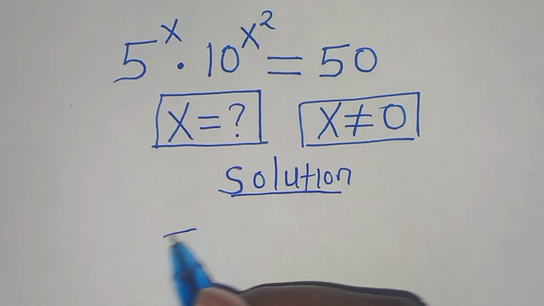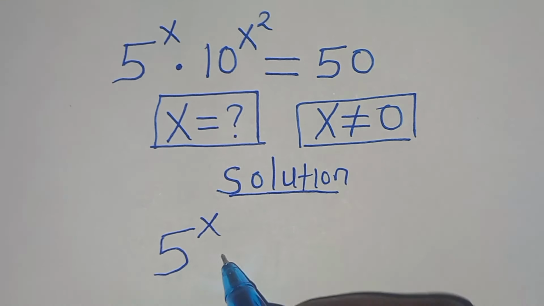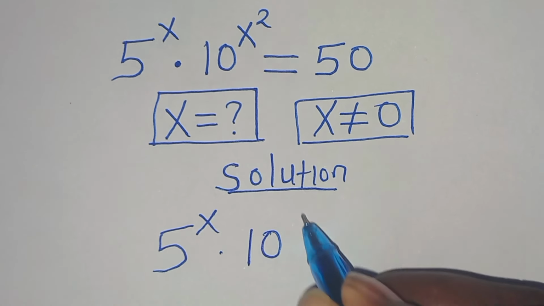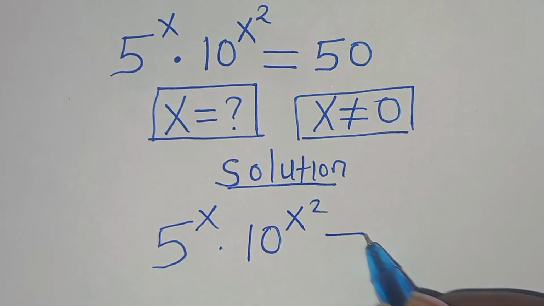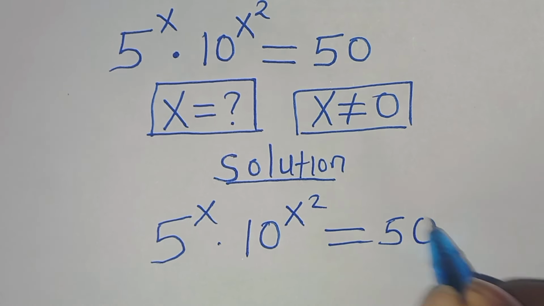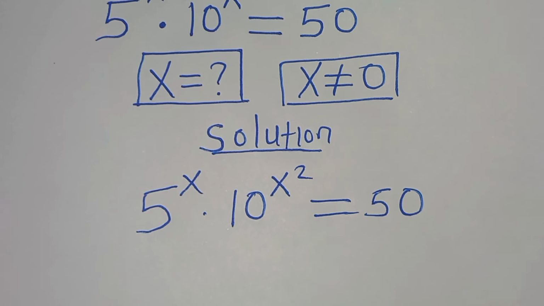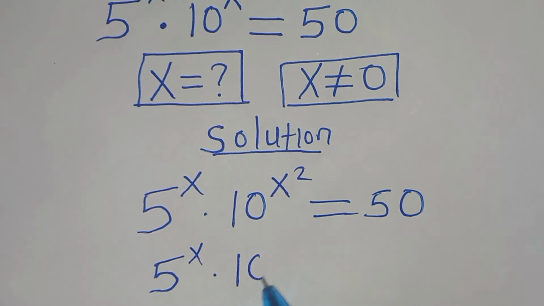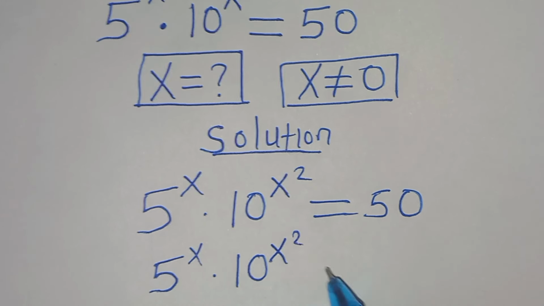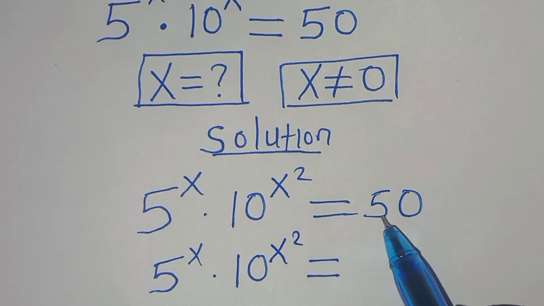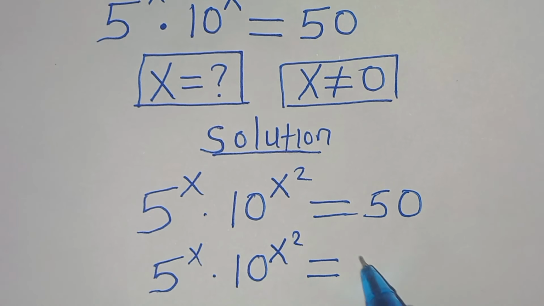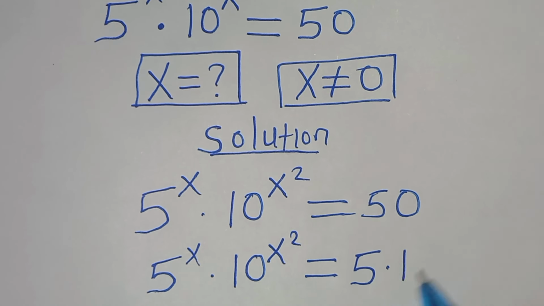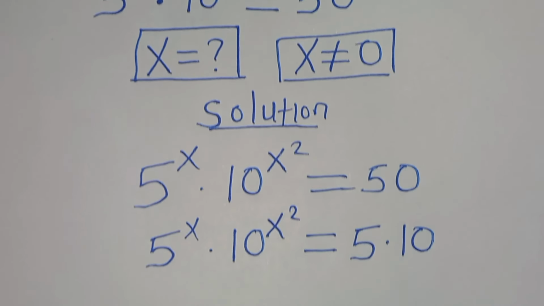So we have 5 to the power of x multiplied by 10 to the power of x squared. This is equal to 50. We can express 50 as 5 multiplied by 10.